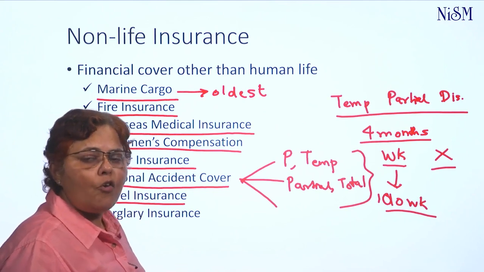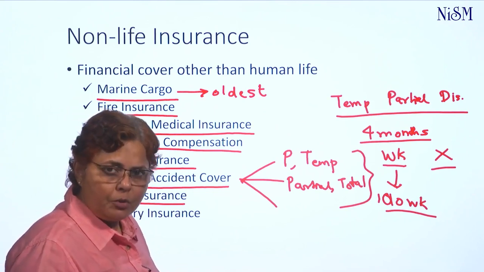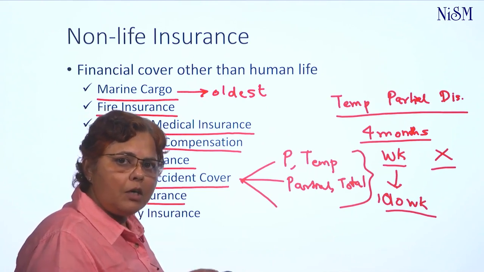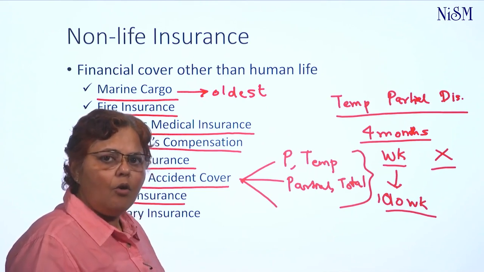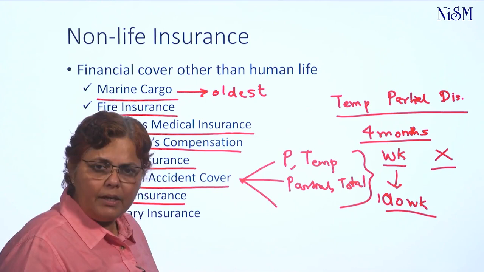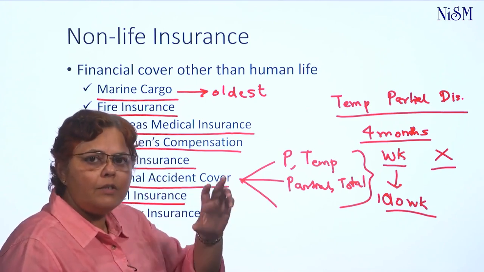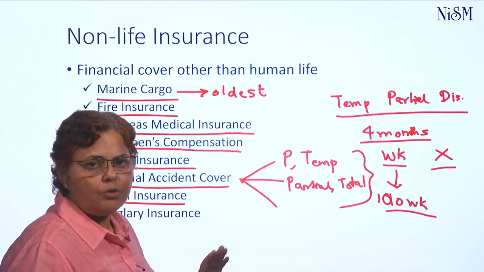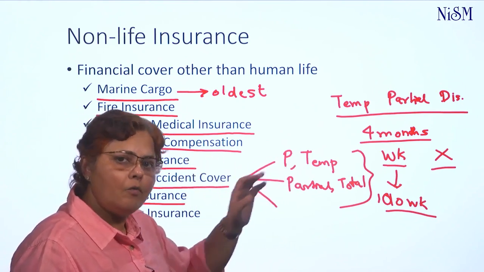It is not for covering the death of the person, but if the person meets with an accident and gets into partial or total disability, or temporary or permanent disability, then there is a kind of cover which is given to the person depending on the sum assured he has taken. So, that is the meaning of personal accident cover.